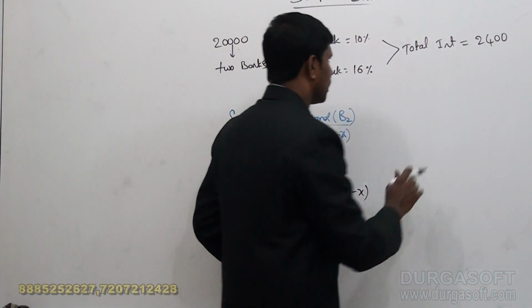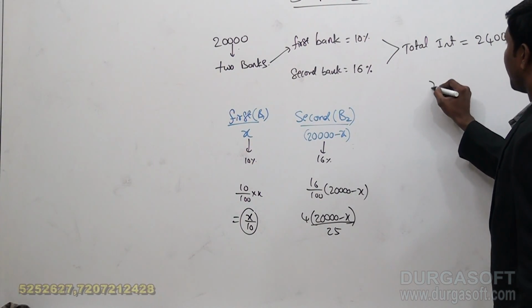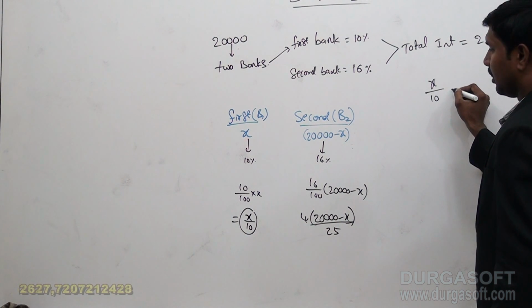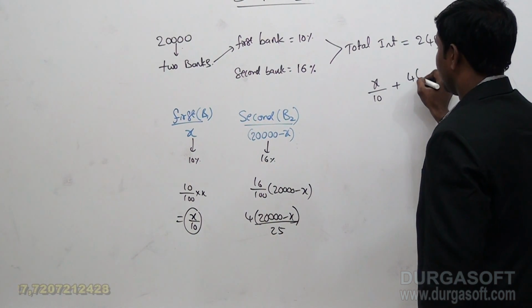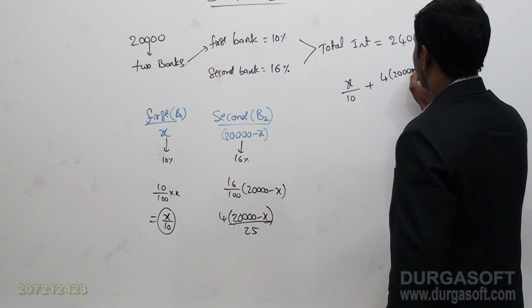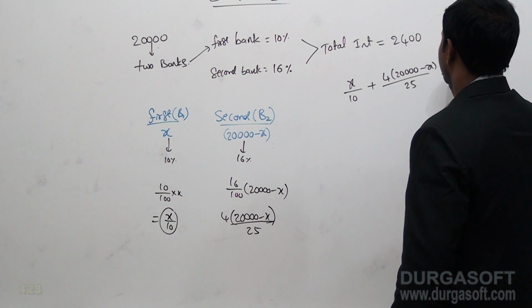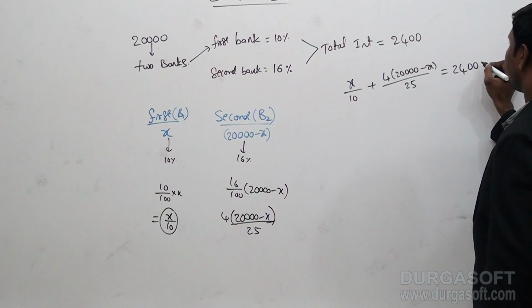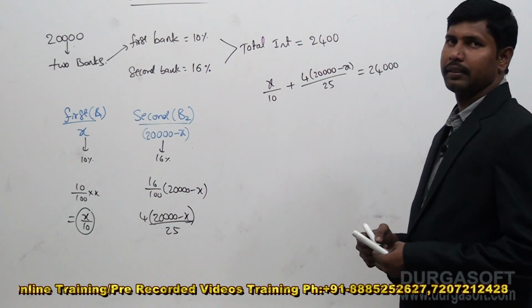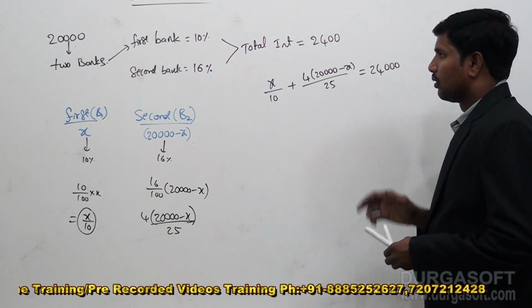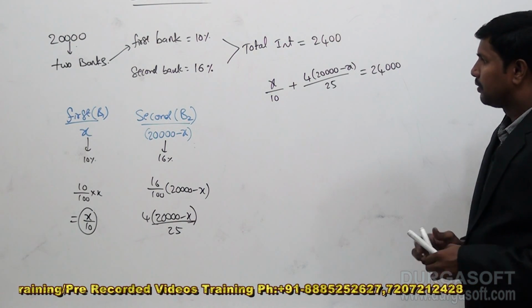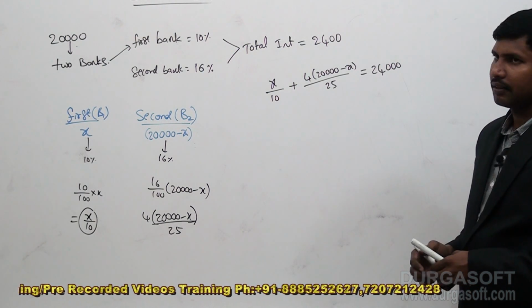But according to the given information, X by 10 plus 4 into 20,000 minus X by 25 is equals to 2,400. So in this way we can calculate the required X value.